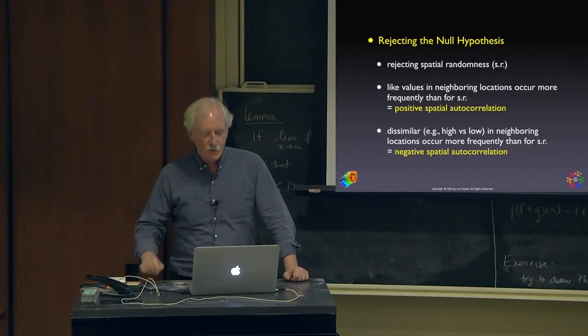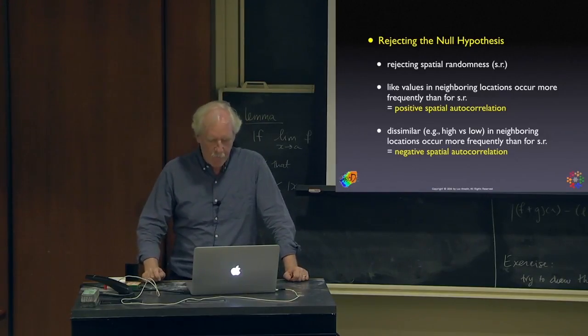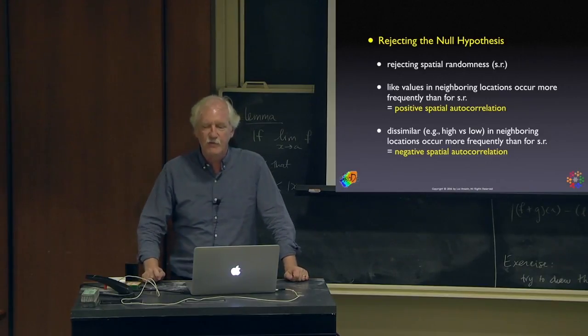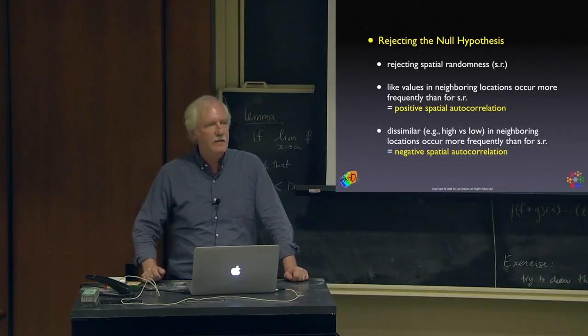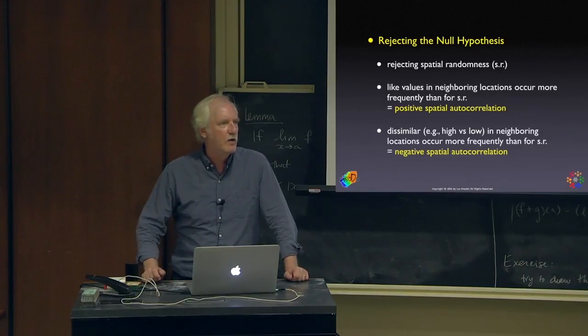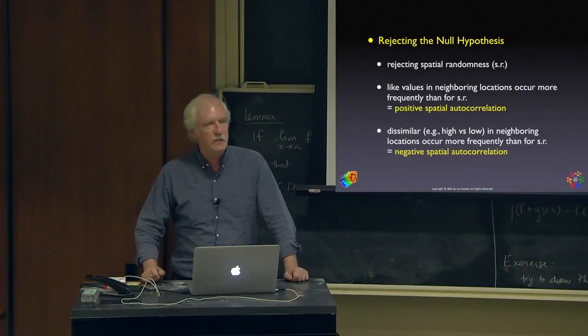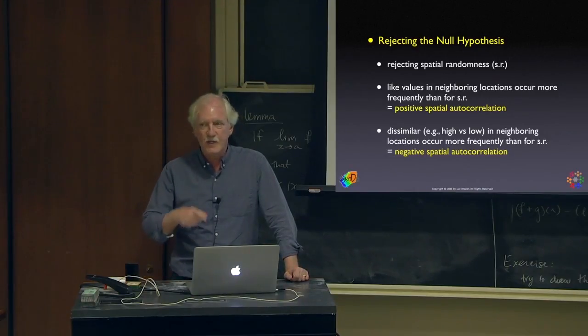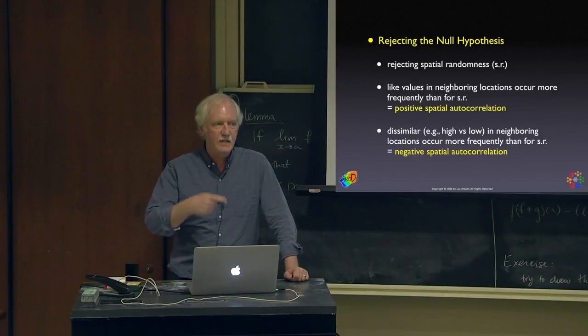So one thing I'd like to point out, and this is again not necessarily intuitive, is that unlike in time series or in regular multivariate statistics where you have a correlation, positive means one thing, negative means the opposite. In this context, the opposite is not really quite what you might think.